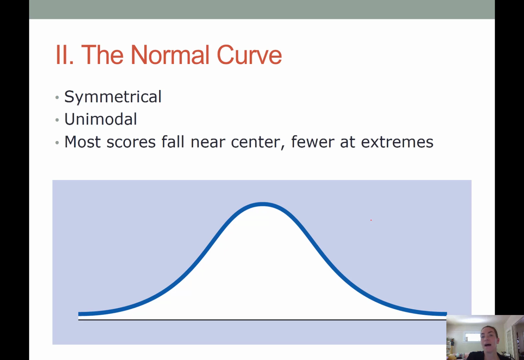Z-scores, by definition, fall along a normal distribution. So if we created z-scores for every individual in our sample and then plotted a histogram of those scores, it would look exactly like a normal distribution. So remember that a normal distribution is symmetrical, unimodal, and it has a peak in the center.